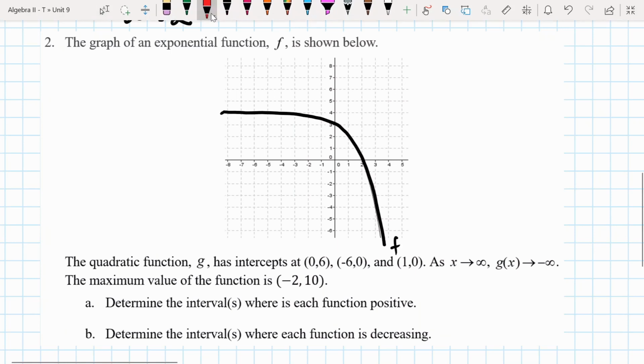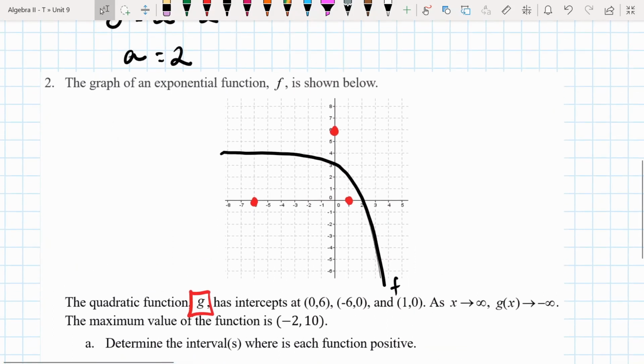So g of x, we don't know exactly what the function is, but we know that it has intercepts at (0, 6), so that's right here, (-6, 0), and (1, 0). And then we also know it has a maximum value at (-2, 10), which is going to be off the graph, but it's like right here.